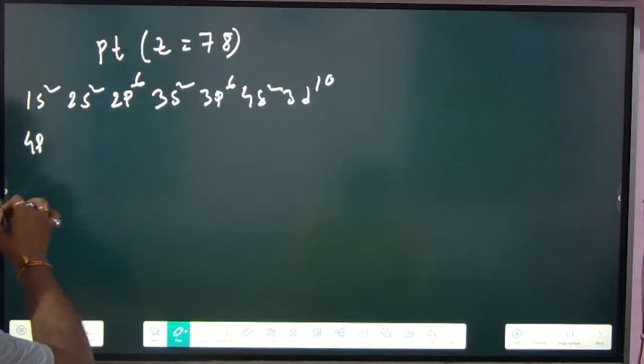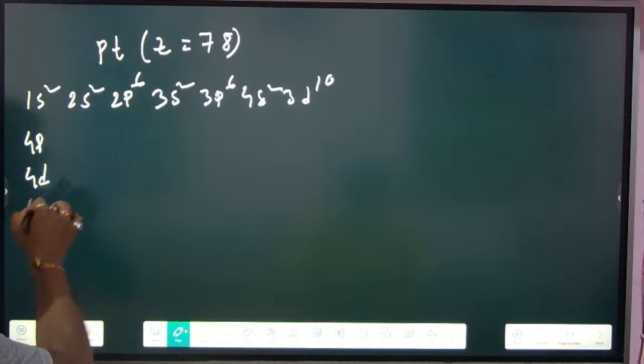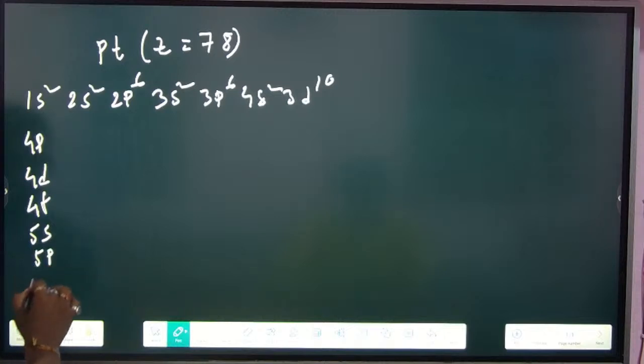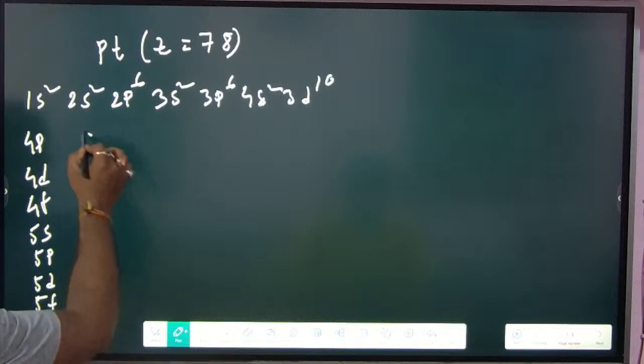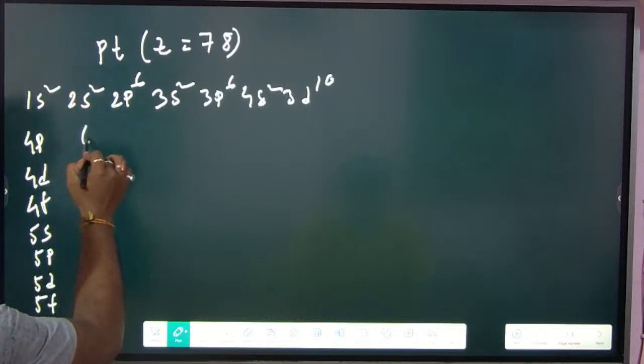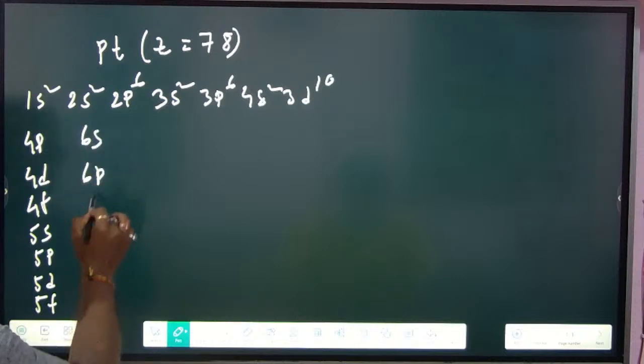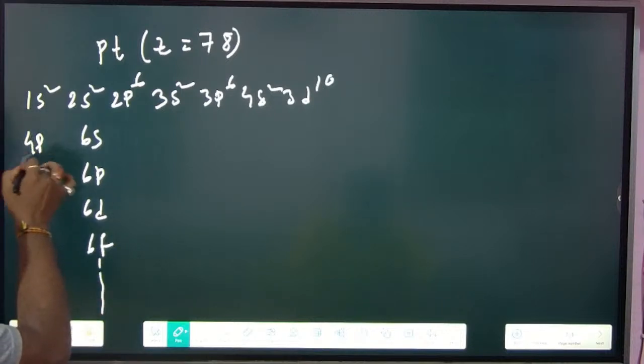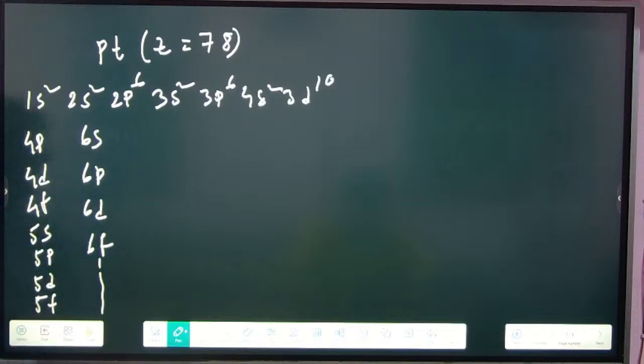We have 4p, then 4d, then 4f, then you have 5s, 5p, 5d, then 5f, then what? 6s, 6p, 6d, 6f, and so on. What is the energy level here? 4 plus 1, 5.